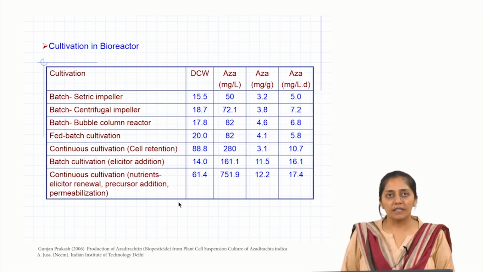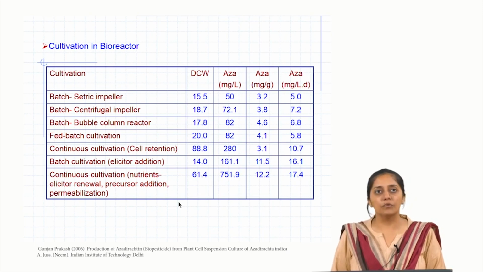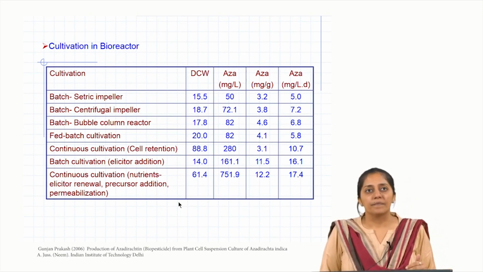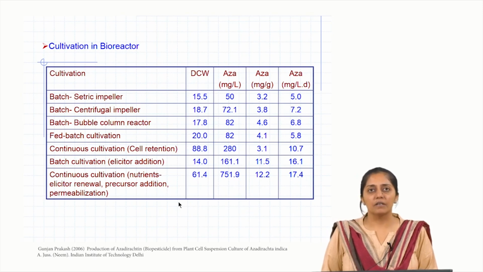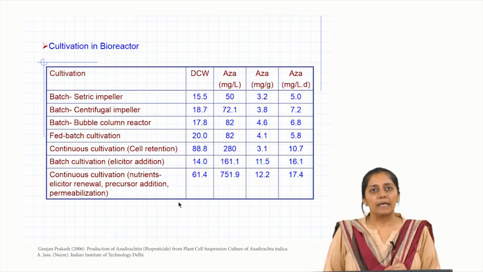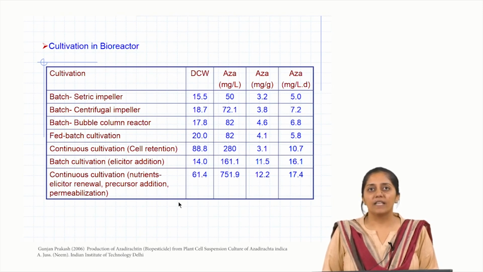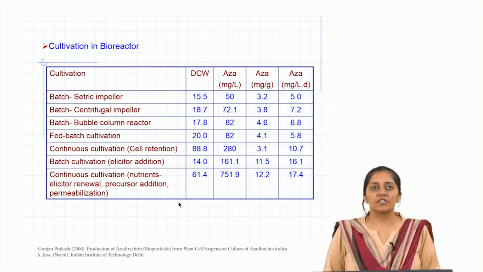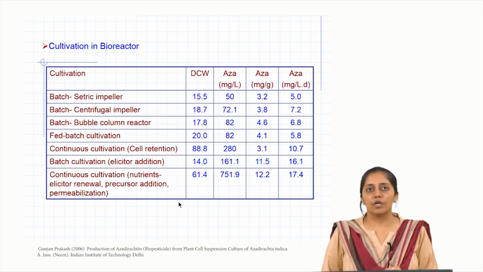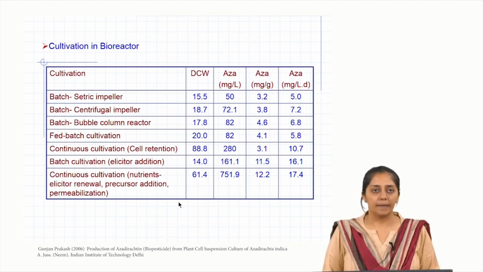Then they did continuous cultivation with a cell retention device, where the productivity was found to further improve, and then batch cultivation with elicitor addition was seen to increase the productivity to very high levels, almost doubling or 3-folds rather. Then continuous cultivation with an integrated study which included addition of elicitor, precursor, permeability enhancers and nutrient feeds led to the maximum enhancement in productivity up to 17 milligrams per liter per day.